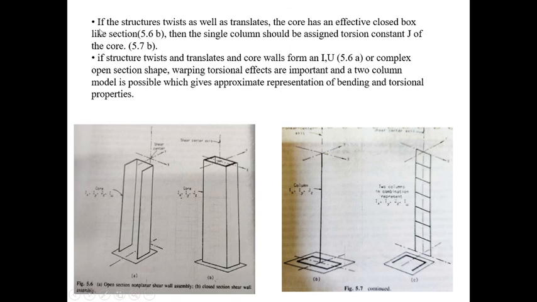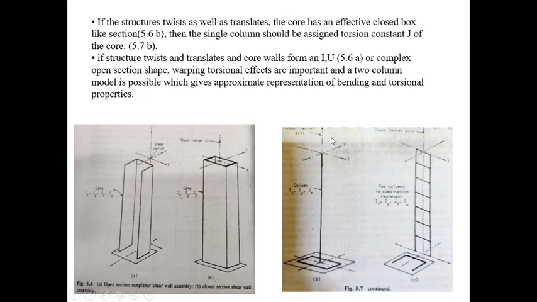Now suppose the structure twists and translates, and the core walls also have an open shape, wherein it will twist and translate and it is an open shape here, whereas the earlier one was closed. Then in this case the warping constant is to be considered. You have the torsion as well as the warping, which is represented here, you can see.